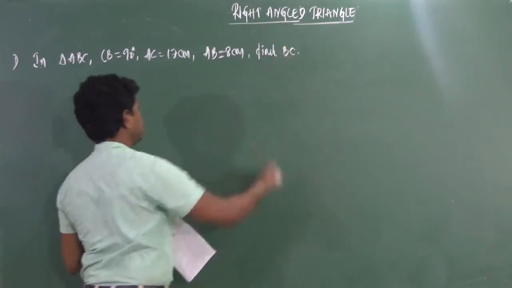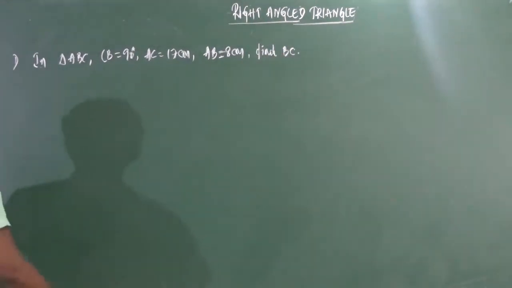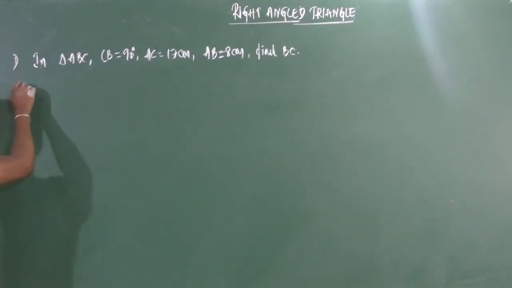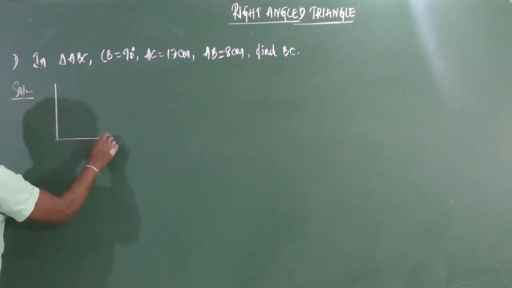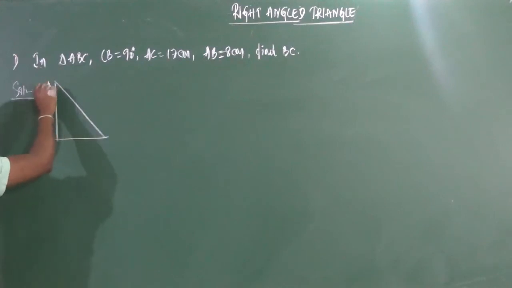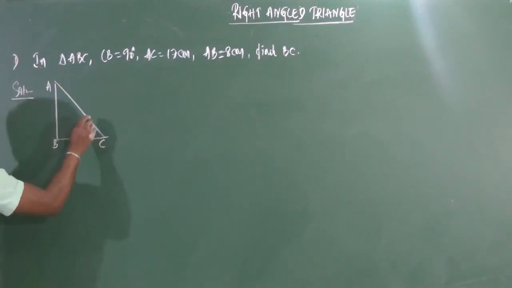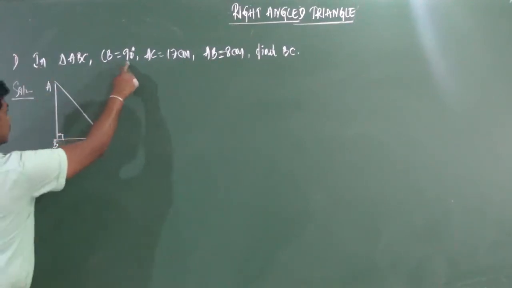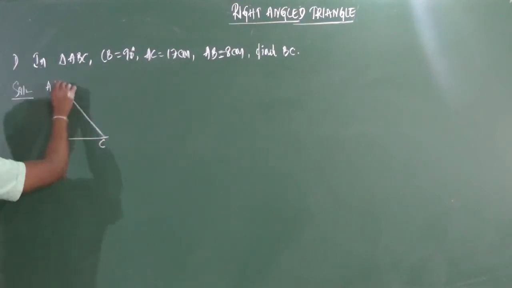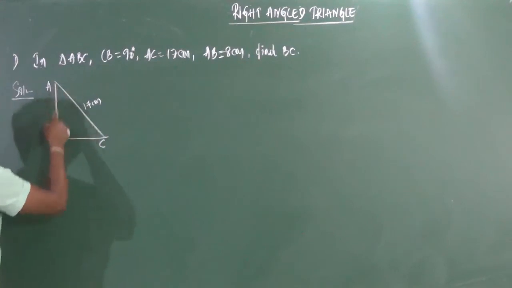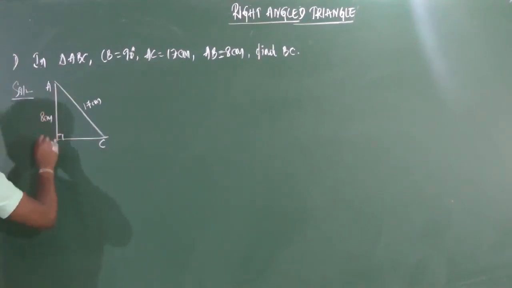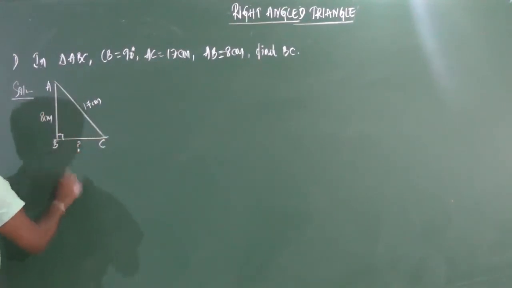Very simple problem. In triangle ABC, a right angle triangle, angle B is 90 degrees, AC is 17, that is the hypotenuse, AB is 8 centimeters, and you have to find the length of BC.